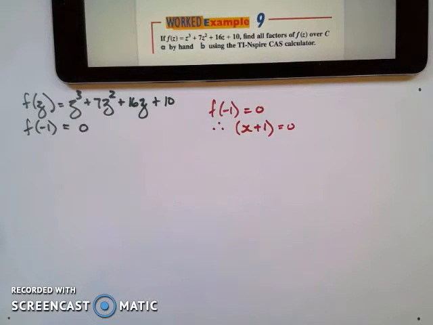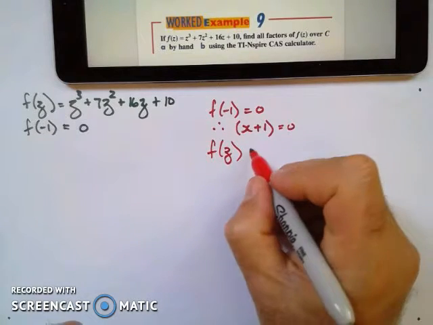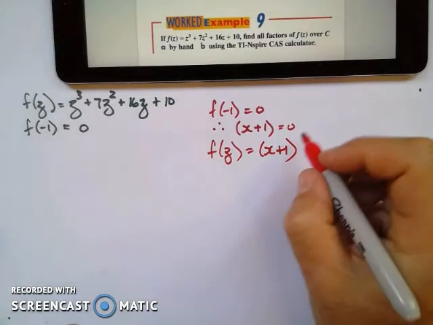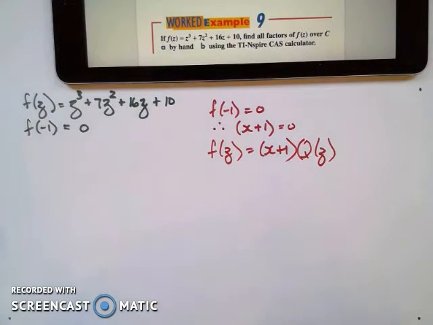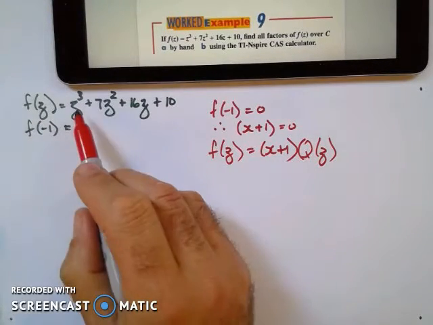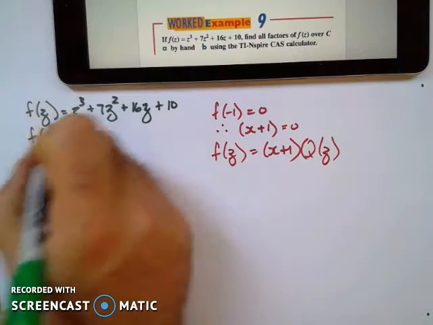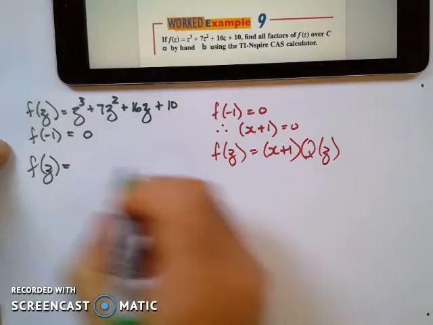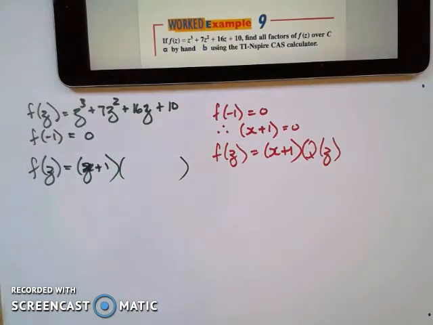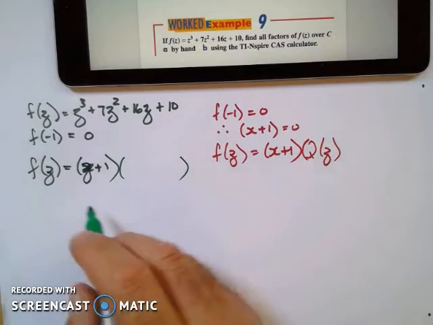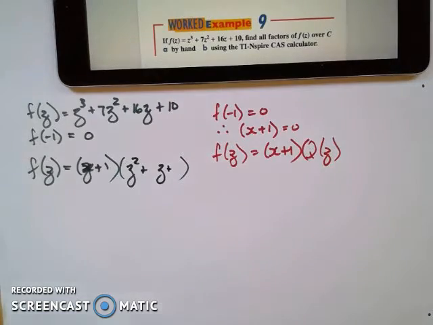Now, if f(z) has x plus 1 as a factor, then f(z) equals this times a new function, let's call it q(z), where this function is 1 degree smaller than that, which means it must be a quadratic. So I can say f(z) equals, and I know z plus 1 needs to be there, it's not x, this is z, multiplied by a quadratic: a z squared, plus a z, plus a constant.